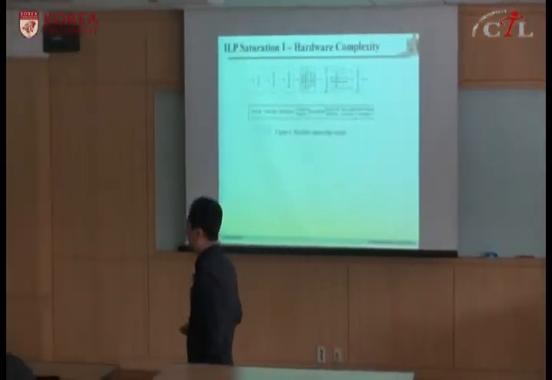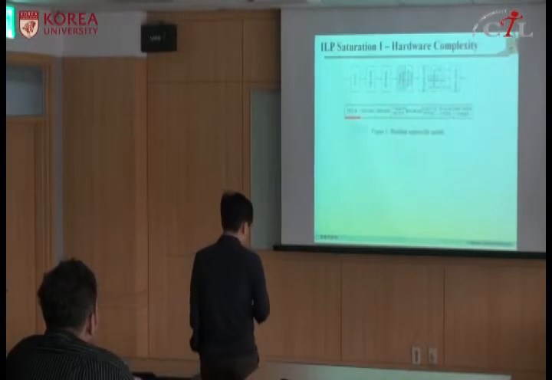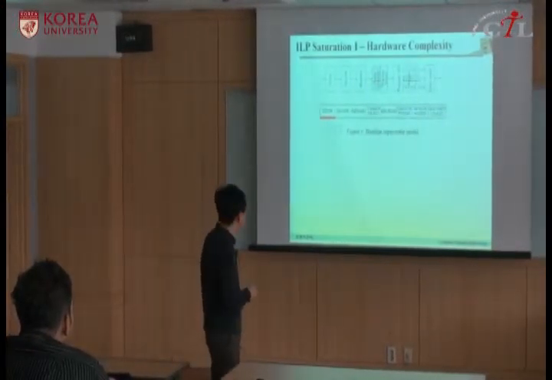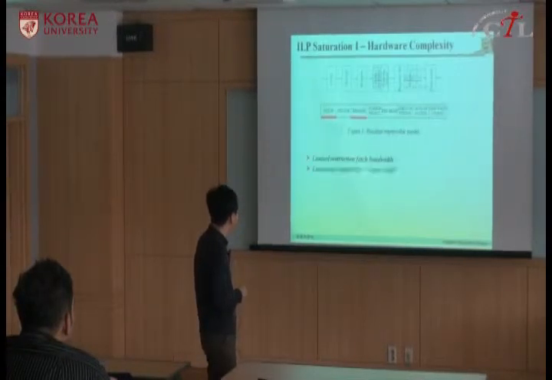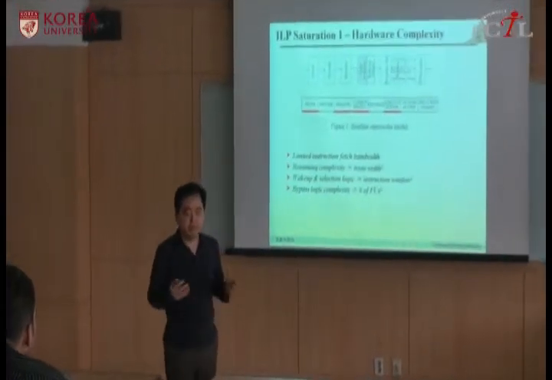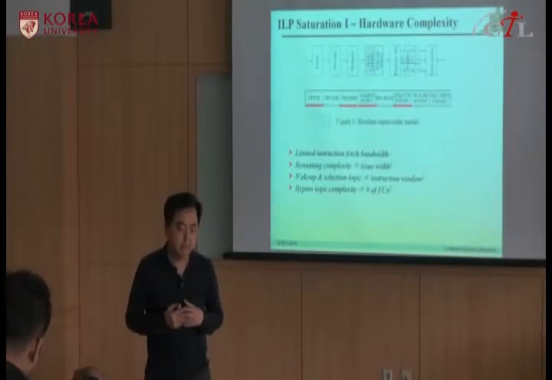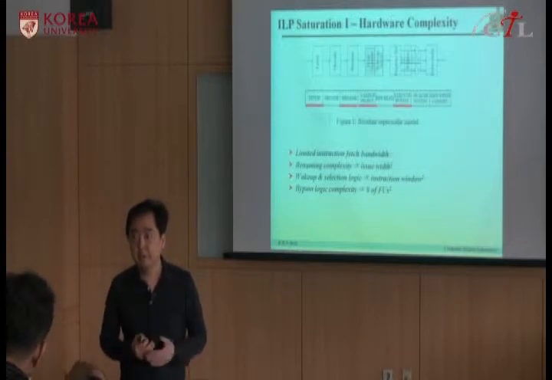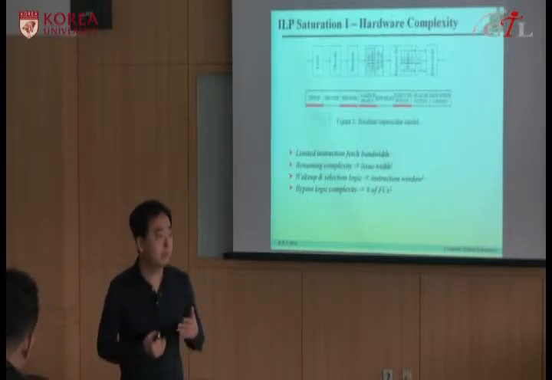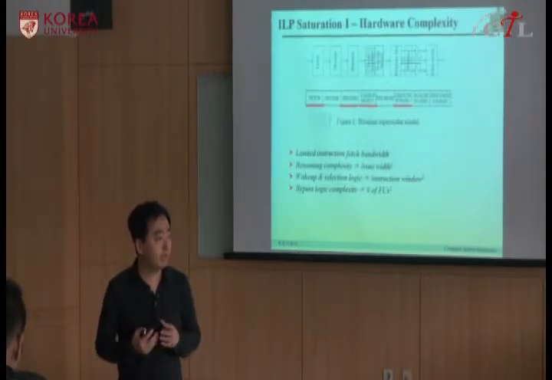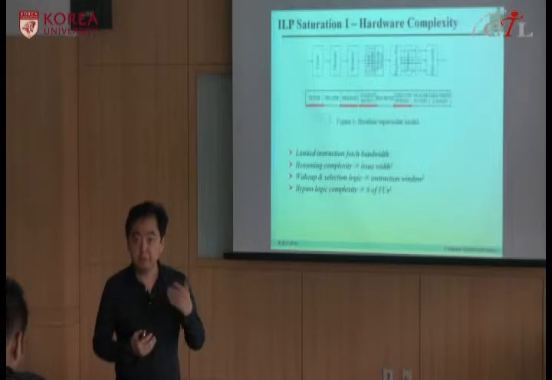We have reviewed this superscalar out-of-order pipeline structure, and as we discussed, each stage has a bottleneck. At the fetch stage, to implement a wide-issue superscalar, you have to provide as many instructions as possible. If you want to implement 5 IPC, you need to support maybe 7 or 10 instructions that the front end should provide so the back end can consume them, because some of them you have to cancel.